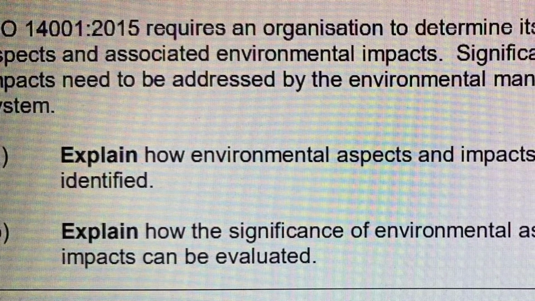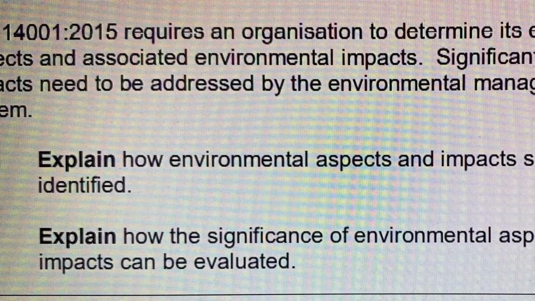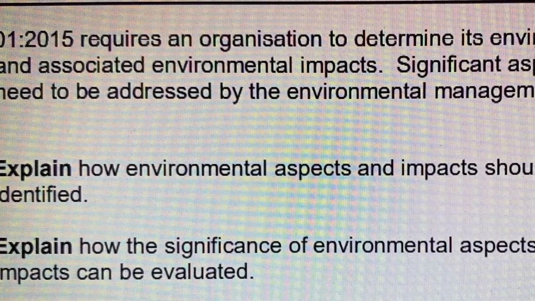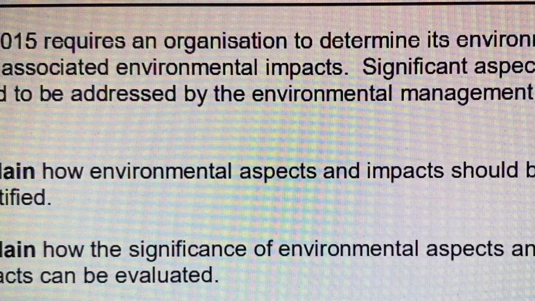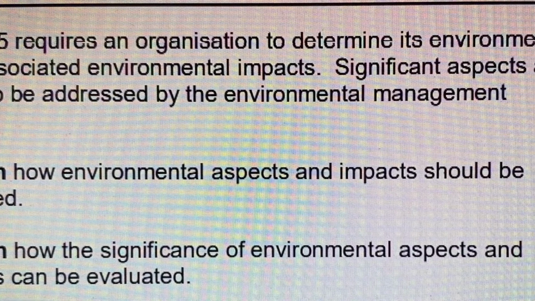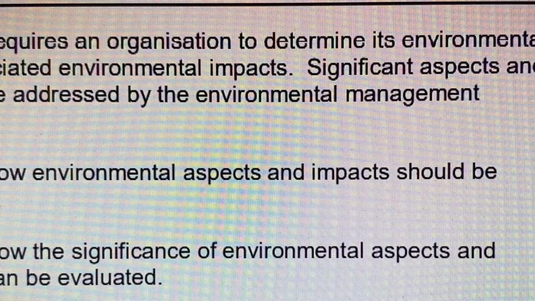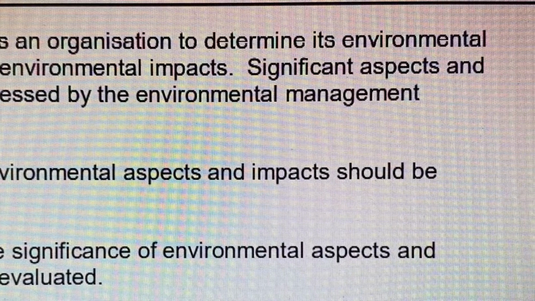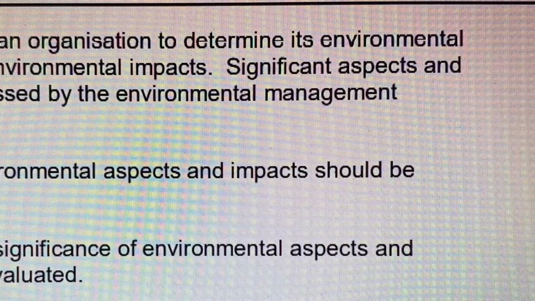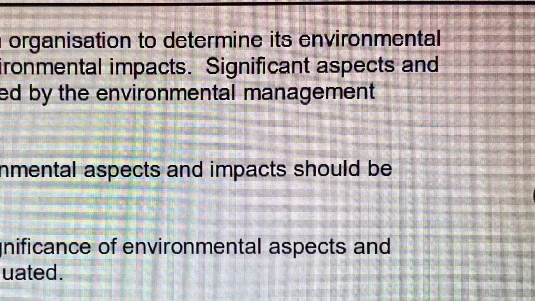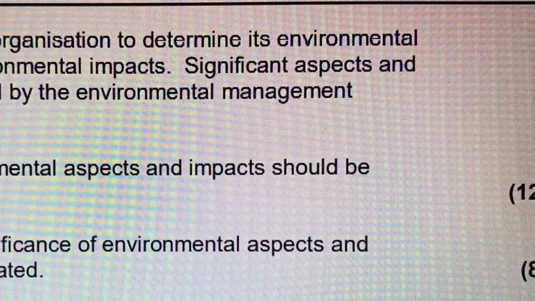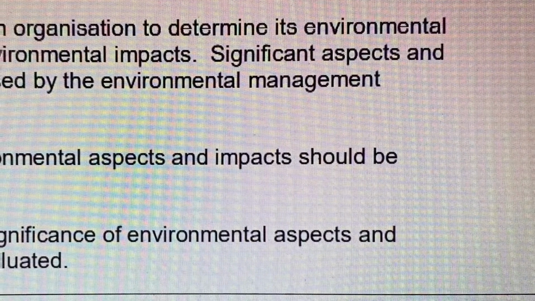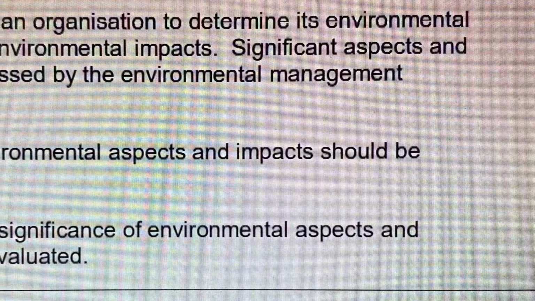For an organization, aspects can be based on its activities, processes and services. For example, an activity of handling hazardous chemicals will have aspects: potential spillage and leakages of chemicals, and its impacts will be contamination of soil, water, air, etc. A company which designs products will have an aspect of use of copper as a conductor, and its impact will be natural resource depletion, because it is using raw material for its product design.